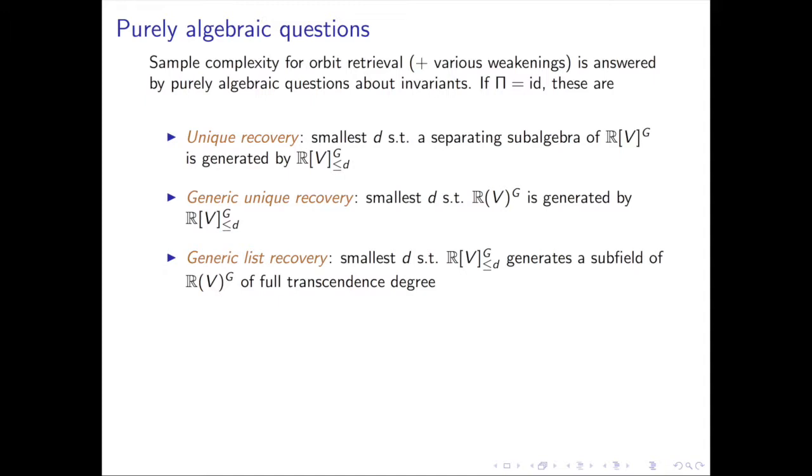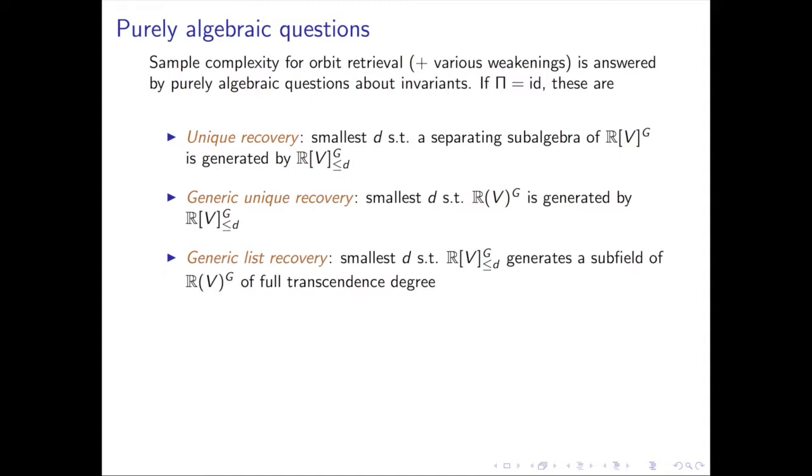If you would like to be able to uniquely identify the orbit for almost all signals x, for a Zariski open non-empty subset of V, then it turns out you're asking for the smallest degree d such that the invariant field is generated by the low degree invariants.